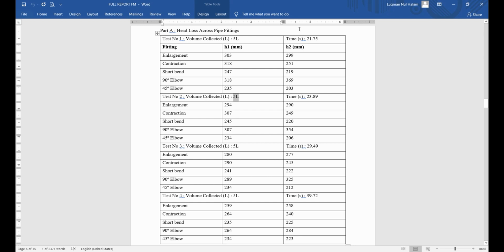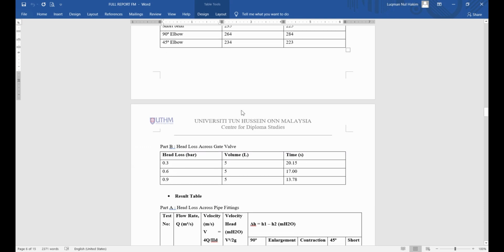But the time taken to collect 5 liters varies from test to test. And then we have the types of fitting: enlargement, contraction, short bend, 90-degree elbow, and 45-degree elbow.